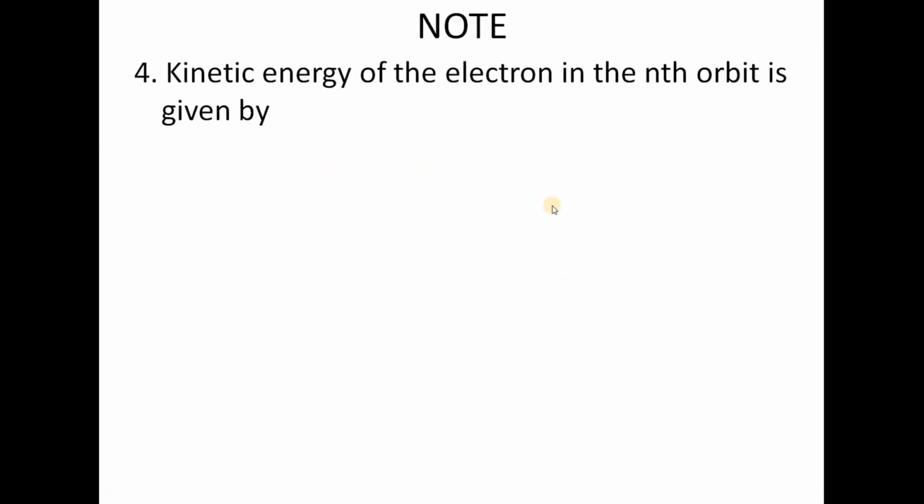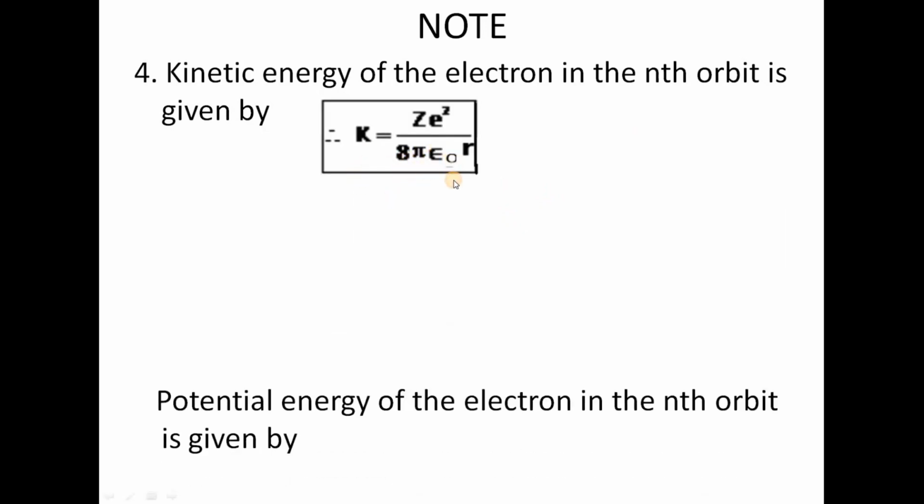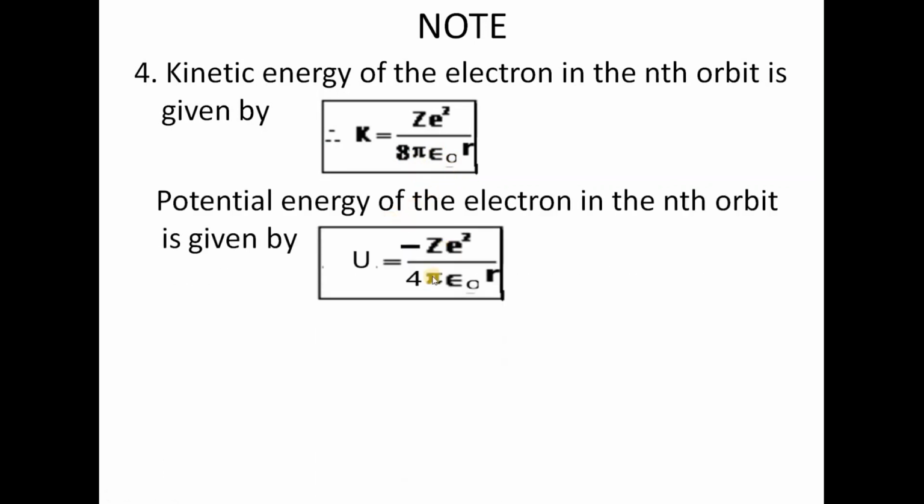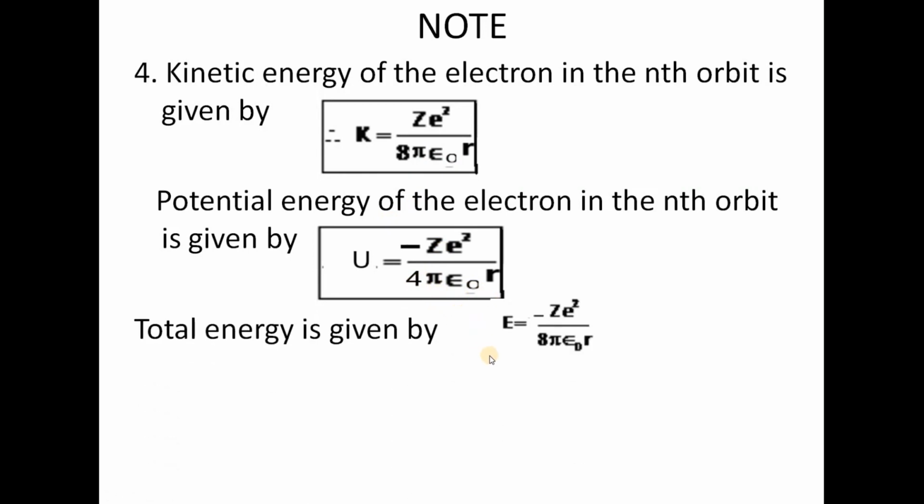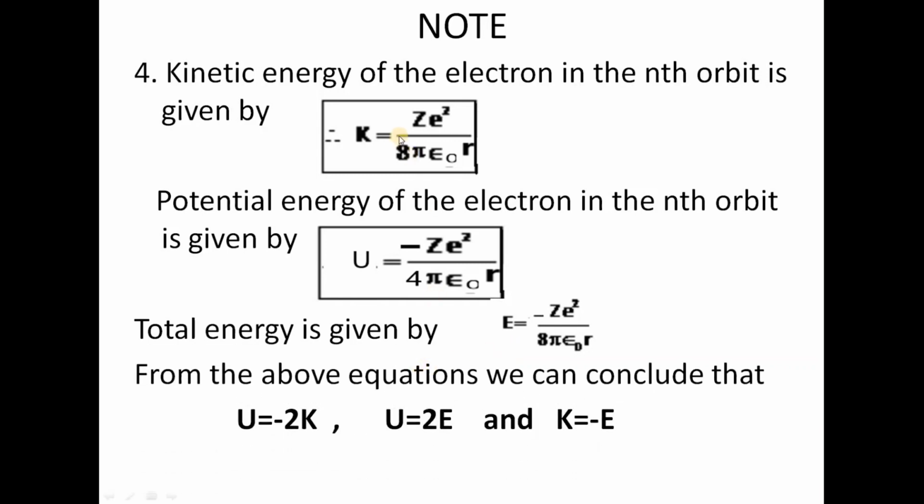The next one is, the kinetic energy of the electron in the nth orbit is given by, as you know, K is equal to Ze square divided by 8 pi epsilon naught r. Potential energy is given by U is equal to minus Ze square divided by 4 pi epsilon naught r, and the total energy is given by E is equal to minus Ze square divided by 8 pi epsilon naught r. So if we analyze these three equations, that is kinetic energy, potential energy and total energy, we will come to know that U is equal to minus 2K.